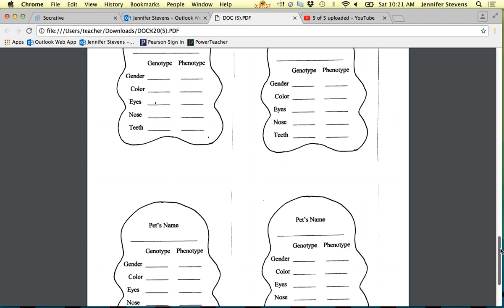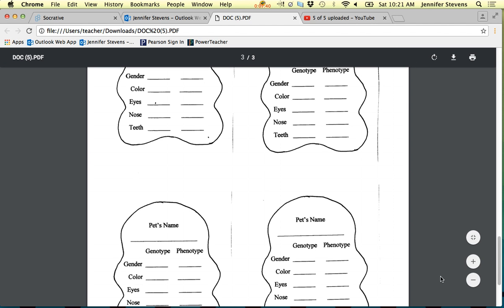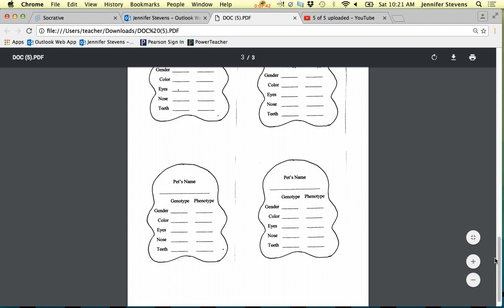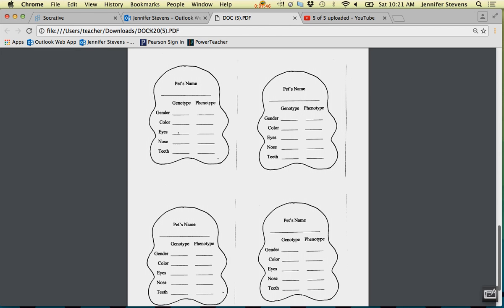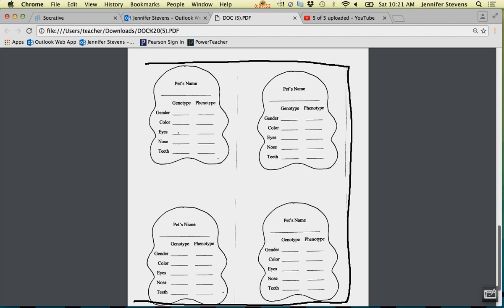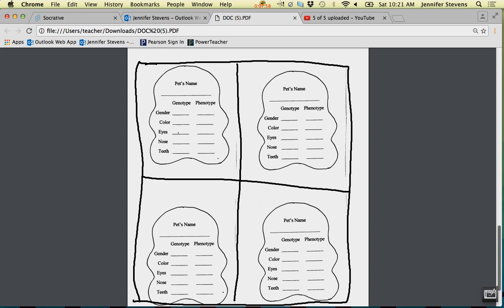You can kind of see here how the 4 babies are set up in almost like a Punnett square layout. So if you looked at it like this, you've got your Punnett square. Sorry, my shadow's in the way. So on your Punnett square boxes, whichever one is the top left, you put on this baby.